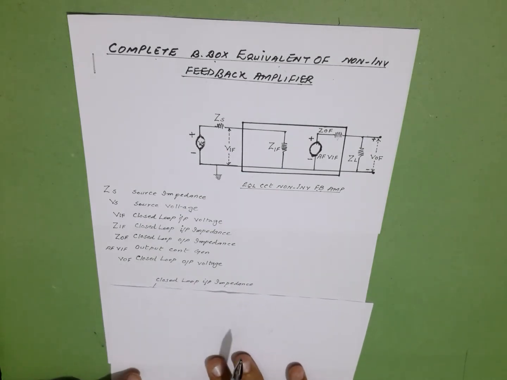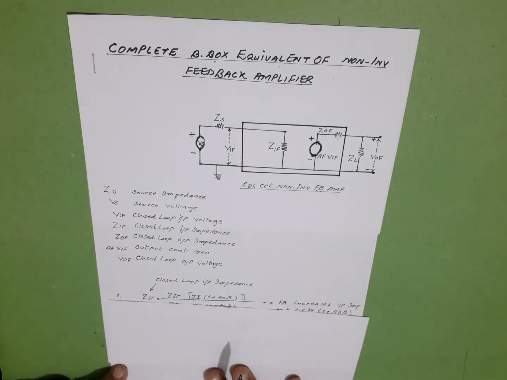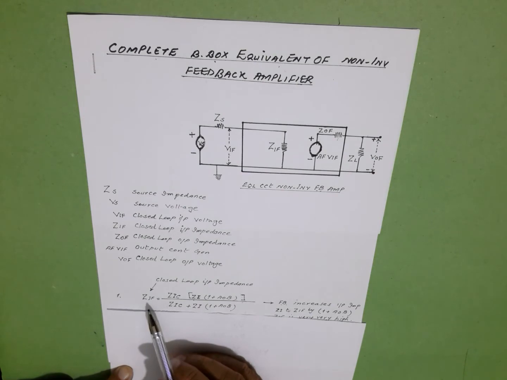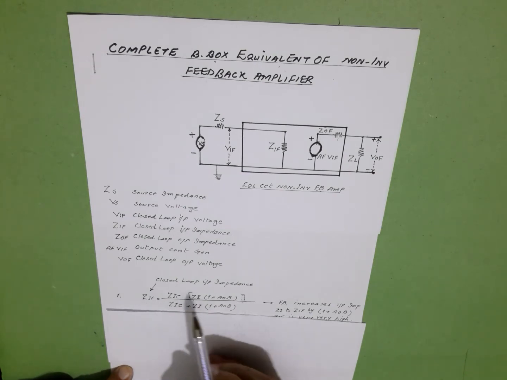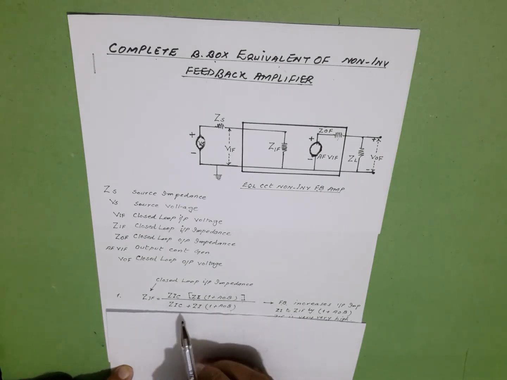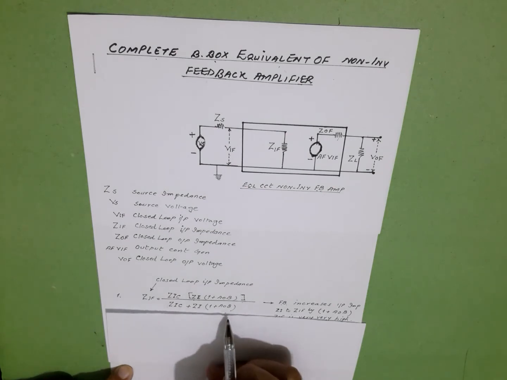Closed loop input impedance. This is the formula: ZIF is equal to ZIC plus ZI into 1 plus A naught beta.